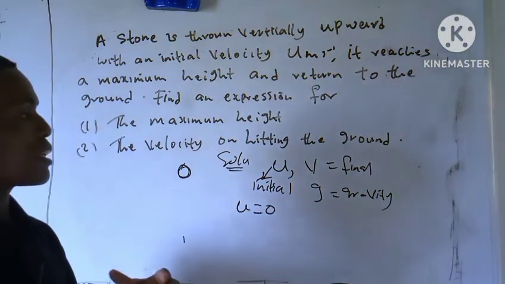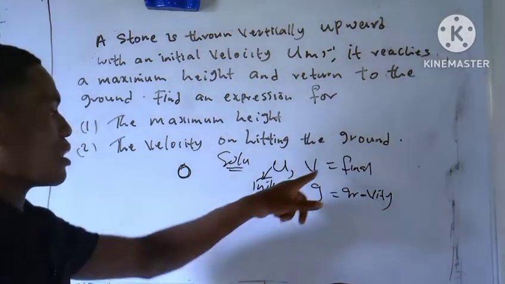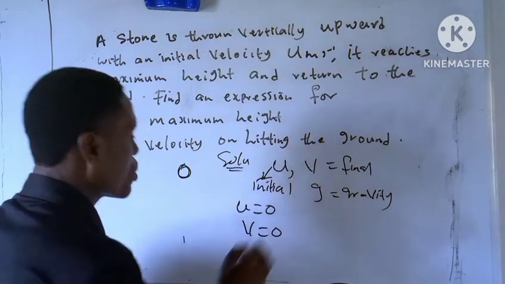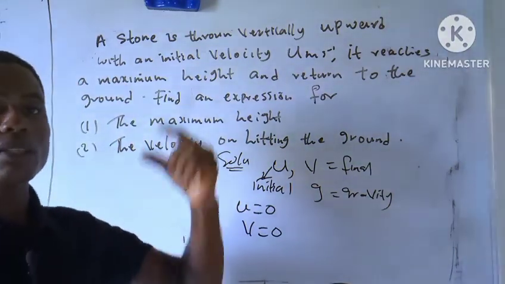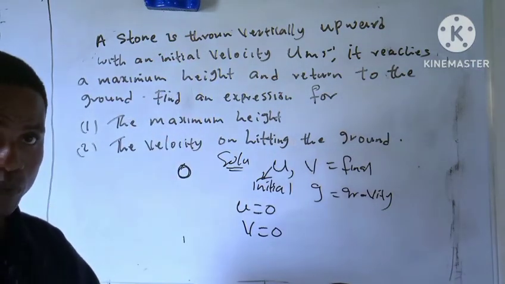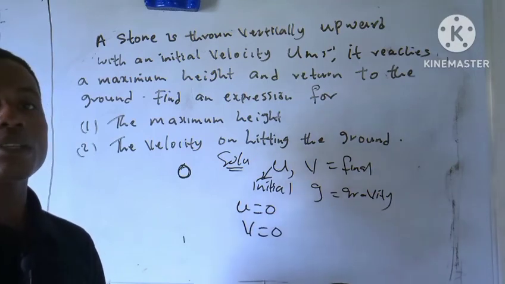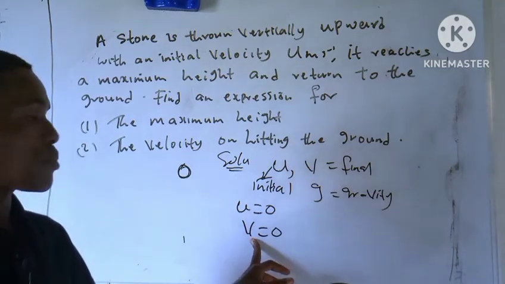But if the object is going vertically upward, the final velocity will be zero. So please take note of this, okay? If the object is coming from up, the initial velocity will be zero, but if it's going upward, then the final velocity will be zero.